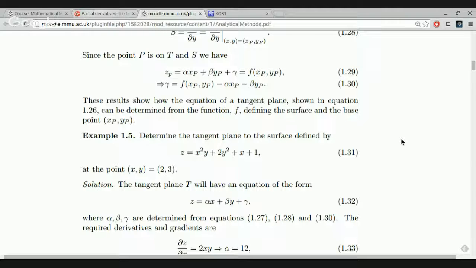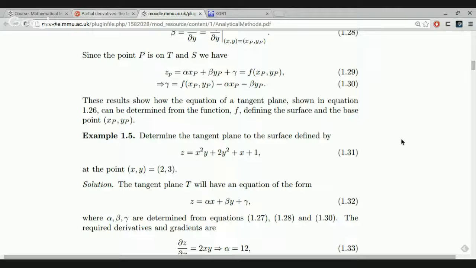What might be in the formula booklet is this kind of thing: a plane in R3 has the equation, although it mightn't even be given, something like ax plus by plus cz plus d equals 0.